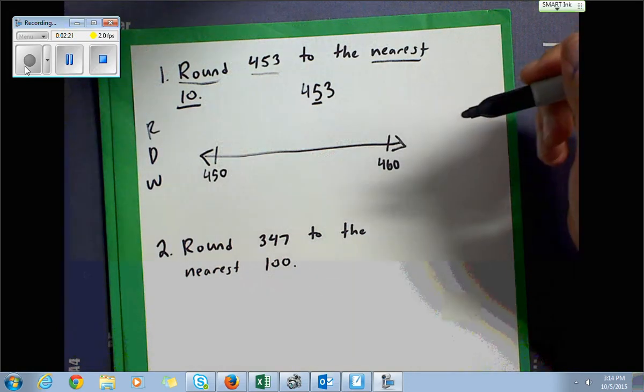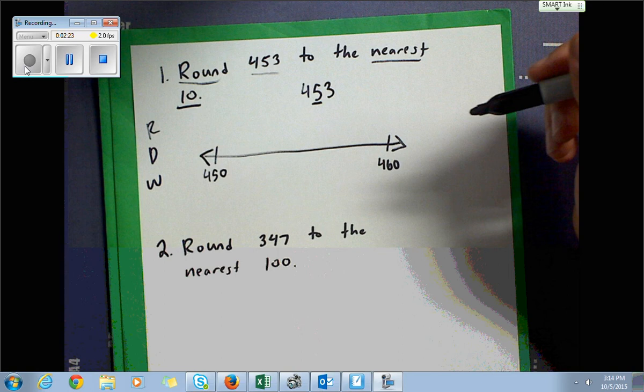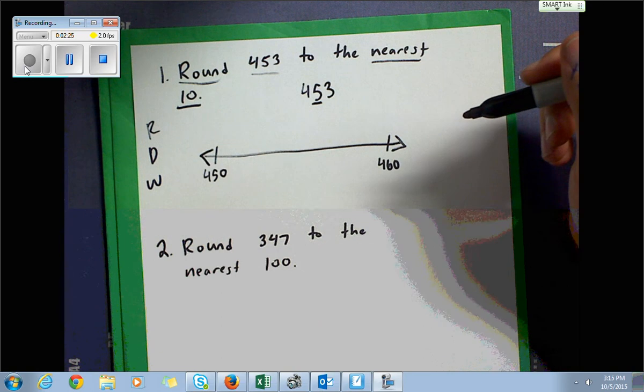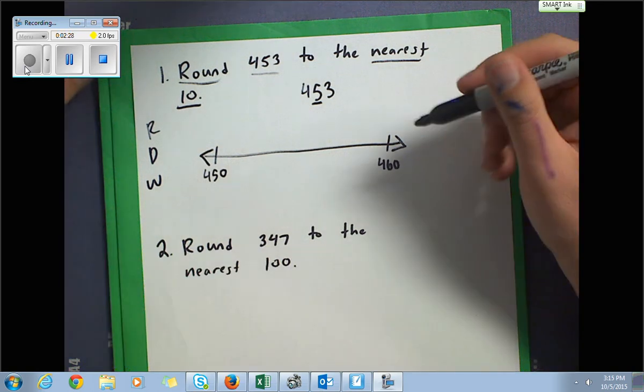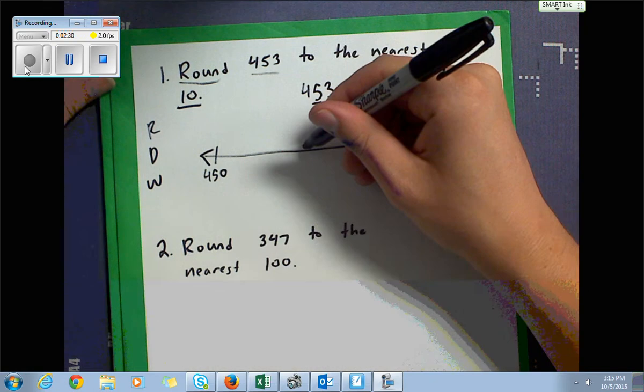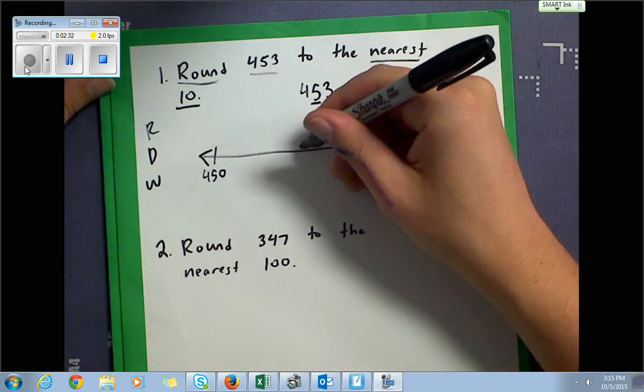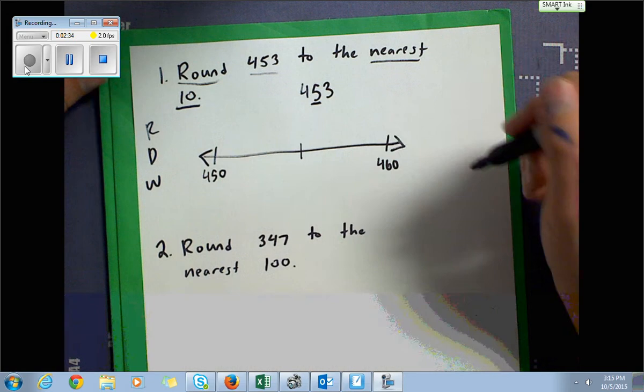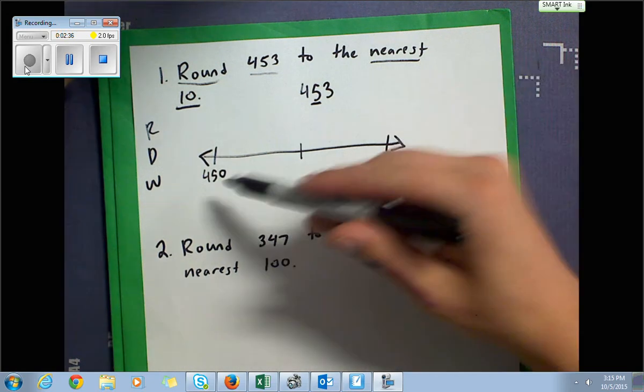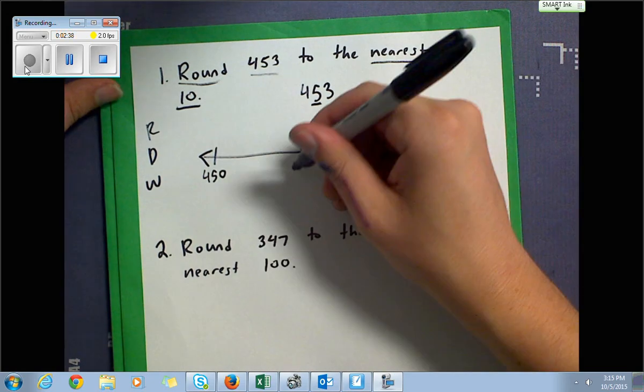Okay, now, to make the process easy for students to see what 10 is closest, our next step is to find the middle point between these two numbers. So right here is the halfway point, and the number that's halfway between 450 and 460 is 455.